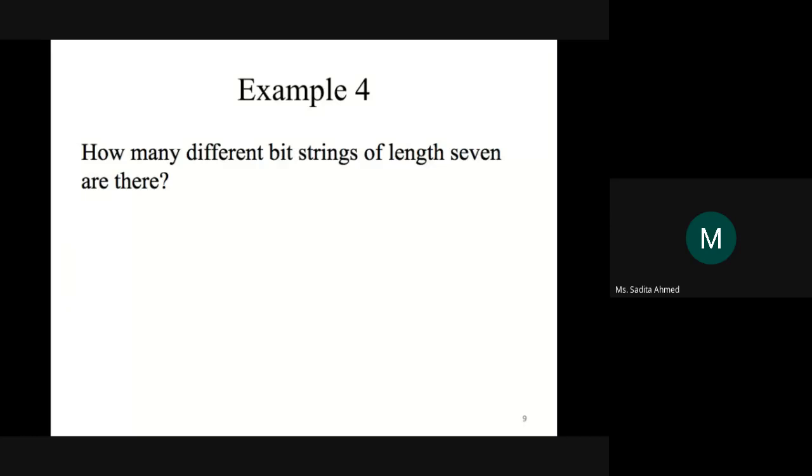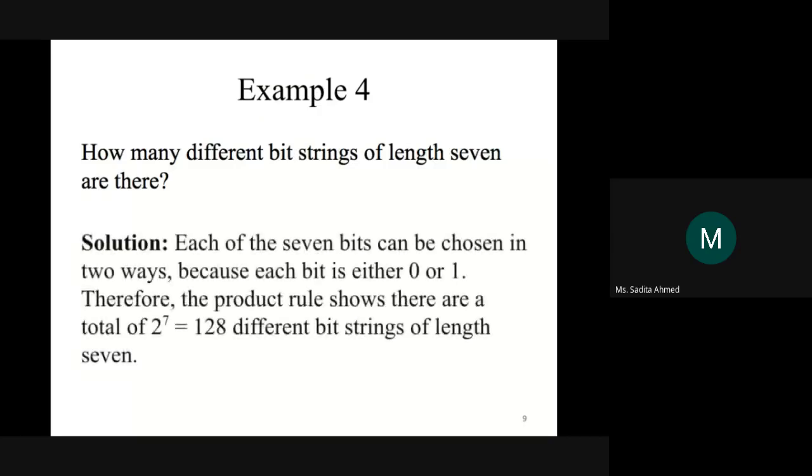So for each of the choices that you make for the first position, you have 2 choices for the second position. For each of the choices that you make for the second position, you have 2 choices for the third position, and so on until the 7th position. So we can apply the product rule here, 2 to the power of 7, which gives us 128 different bit strings of length 7.